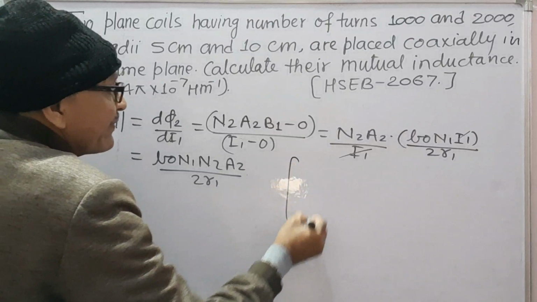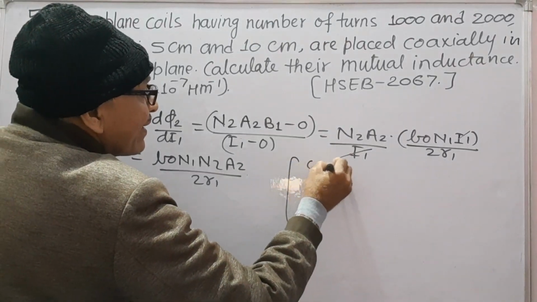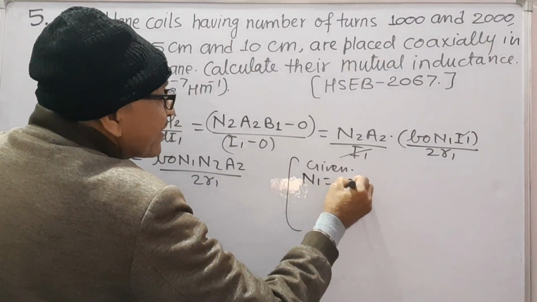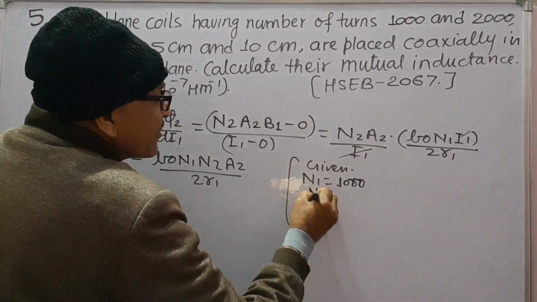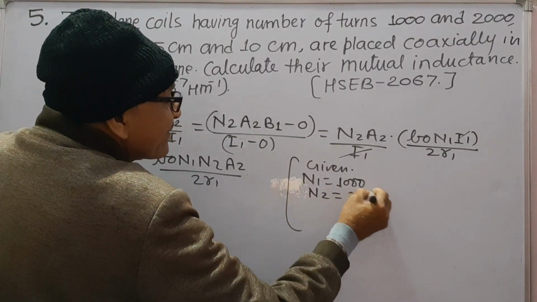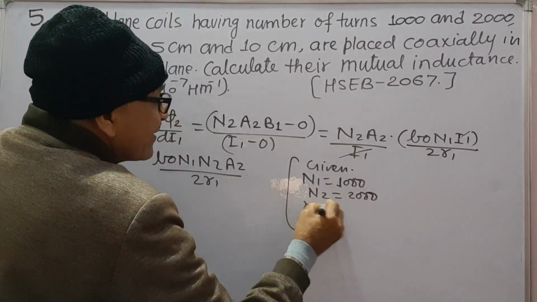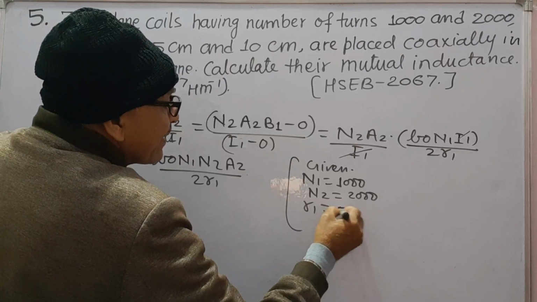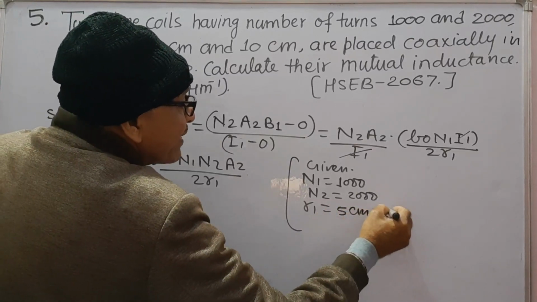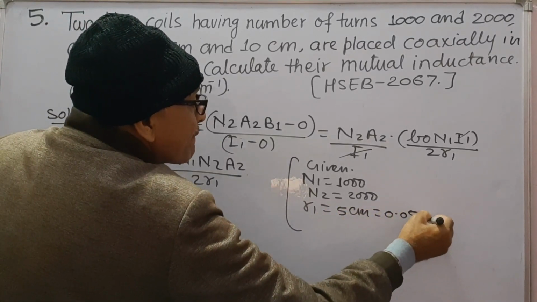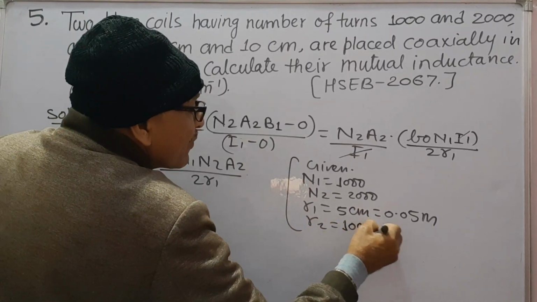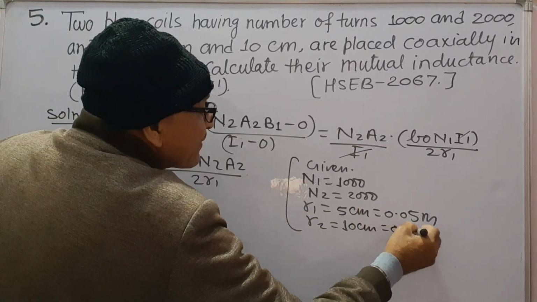Now, values are given. N1 is equal to 1000 turns, N2 is equal to 2000 turns, R1 is equal to 5 cm, which means 0.05 meter, and R2 is 10 cm, which is 0.1 meter.